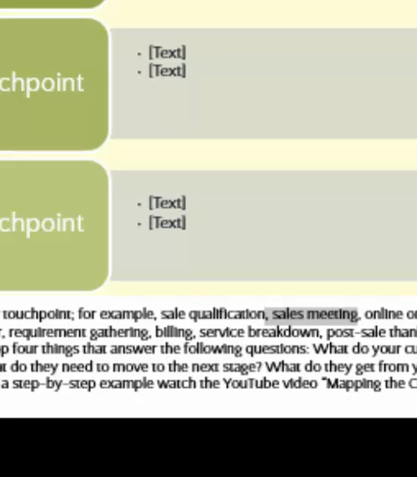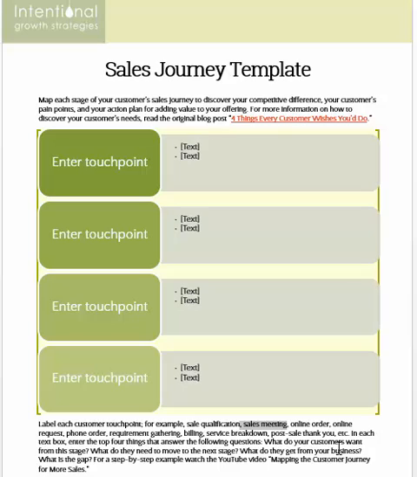The sales meeting touch point alone, you might take considerable notes on what it looks like when your customer enters the building. Where are they sitting? What are they looking at on the wall? Is it pictures of your latest fishing trip, or is it examples of work you've done for clients?